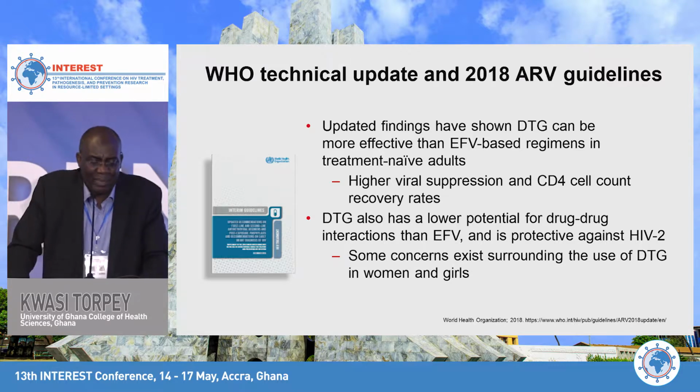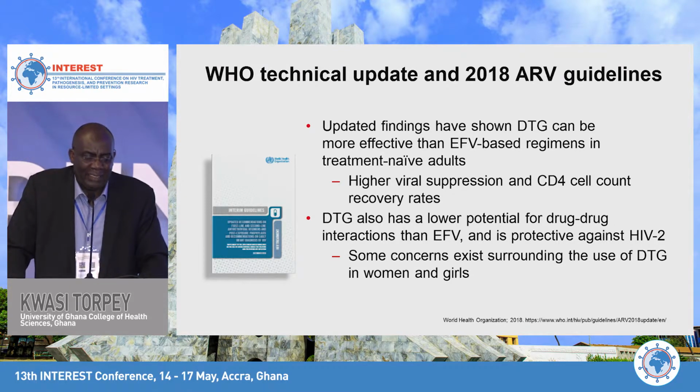Now, with the technical update and the 2018 guidelines, dolutegravir has actually moved to become the preferred first line because it demonstrated effectiveness when you compare it to the efavirenz-based regimen. It had a higher viral load suppression, and a very good CD4 count recovery rate. And then, of course, the potential for drug-drug interaction was much more favorable compared to efavirenz.